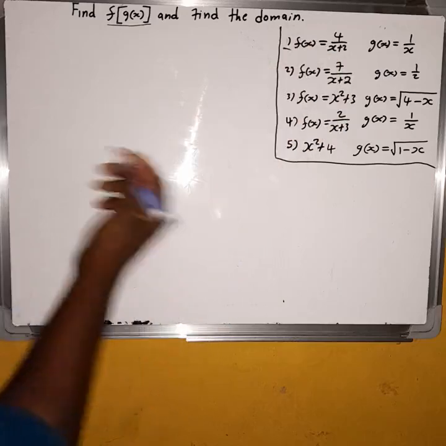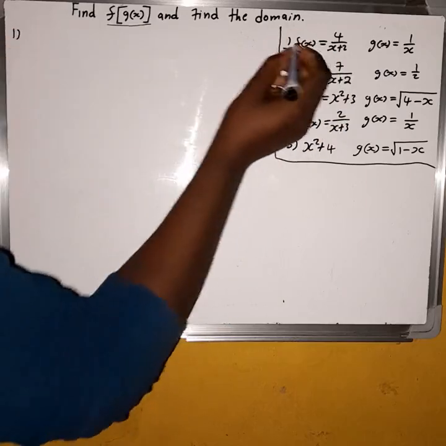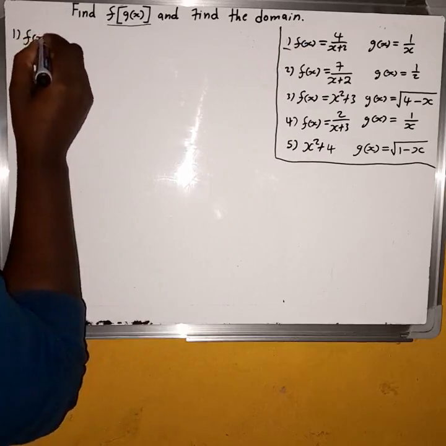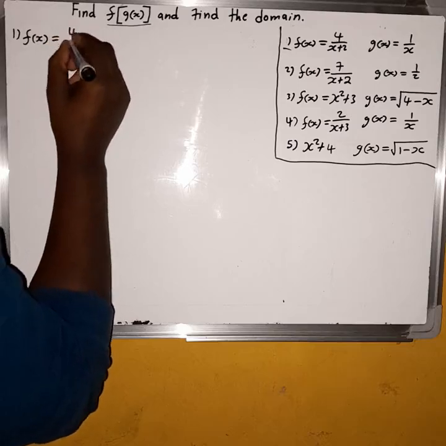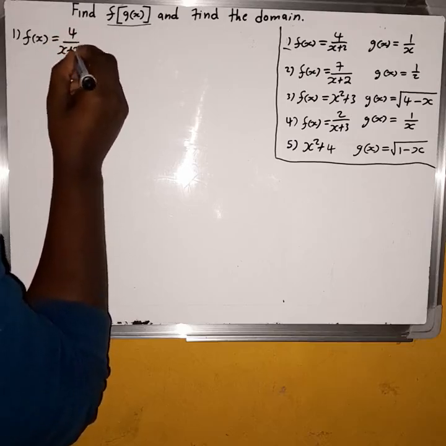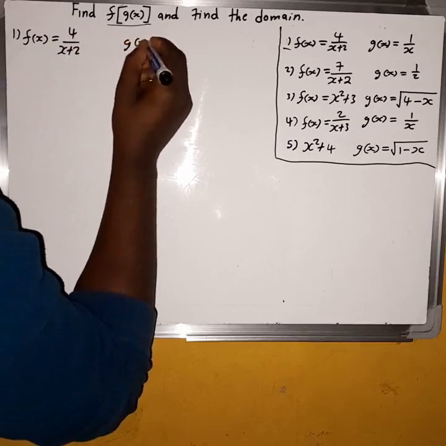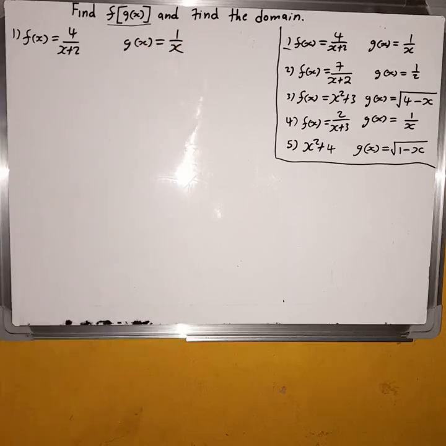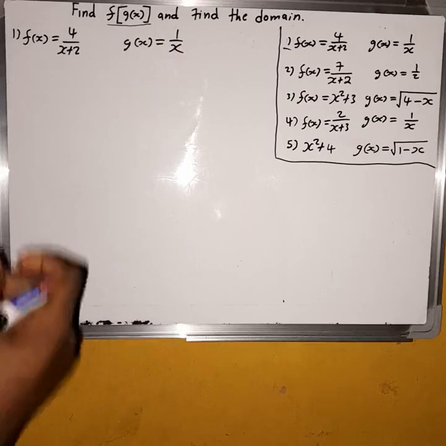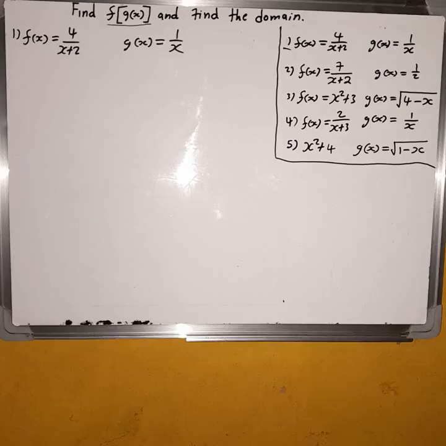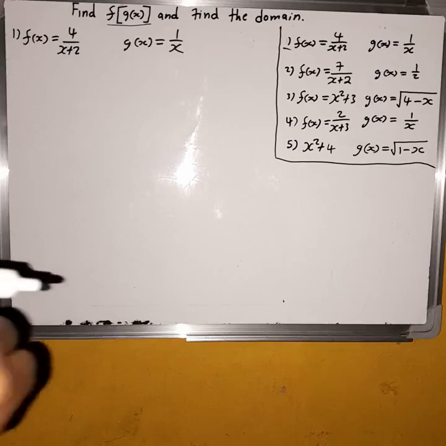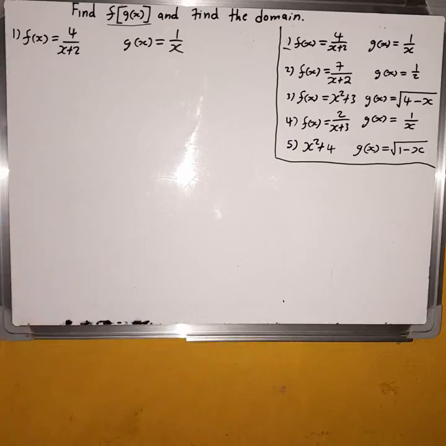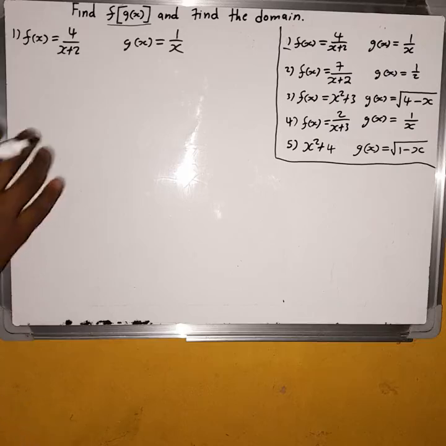So we're given number 1. f of x is equal to 4 over x plus 2, and g of x is equal to 1 over x. If you're given a rational fraction, or radicals or square roots, there will be restrictions.